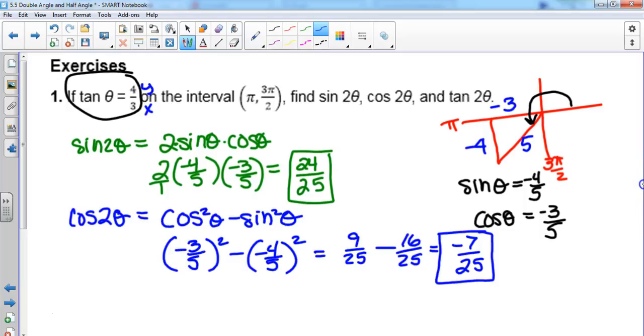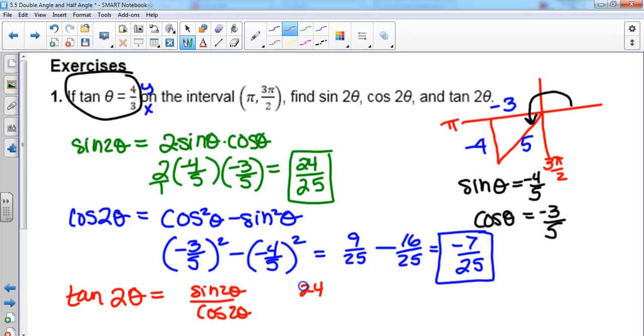All right. The tangent, we're also supposed to find the tangent of 2 theta. Does anybody remember the shortcut I talked about? We can just take sine of 2 theta over cosine of 2 theta.